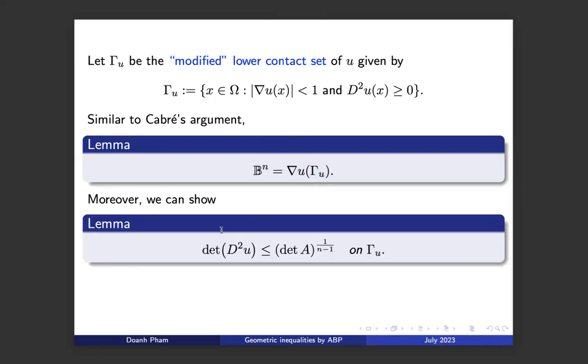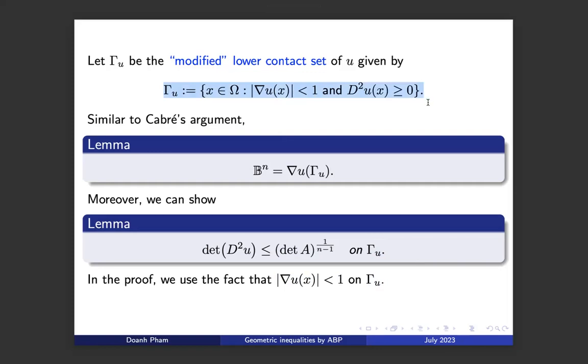Moreover, we can show that the determinant of the Hessian of U is less than or equal to the determinant of A to the power 1 over n minus 1 on the modified lower contact set. In the proof, we use the fact that the gradient of U is less than 1 on gamma U. That's why we modify gamma U. It turns out that this modified lower contact set is more convenient for our purposes.